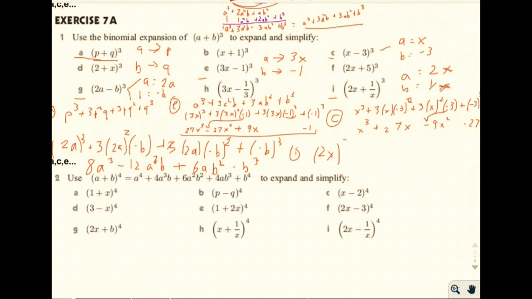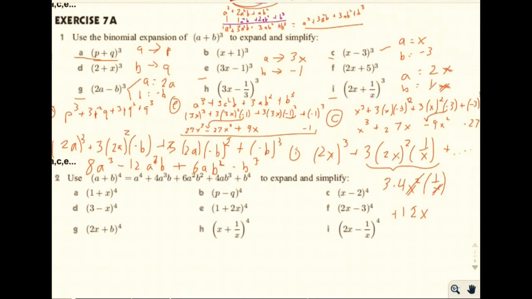You have a cubed plus 3 times a squared times b, and then you'd have two more terms, right? Well, let's simplify this term just to see what happens to it. 2x quantity squared would be 4x squared. So 3 times 4x squared, and then times 1 over x. So we have x squared times 1 over x. That leaves just an x, right? And then 3 times 4 is 12.